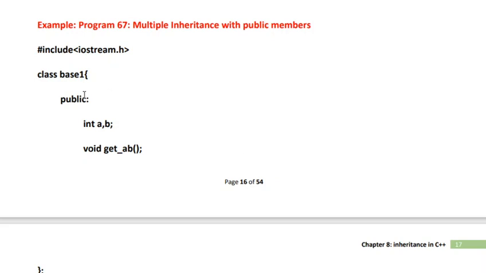So here what we have is two base classes by the name base 1 and base 2. Now base 1 and base 2 have their data members and member functions. So base 1 has data members A, B and member function getAB. Both the data members and the member function are placed in the public section of the class.